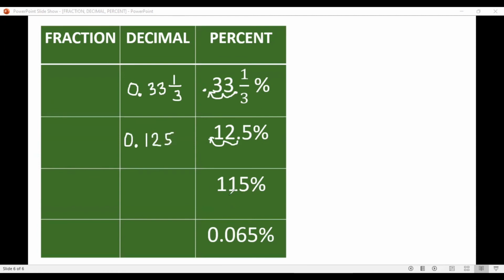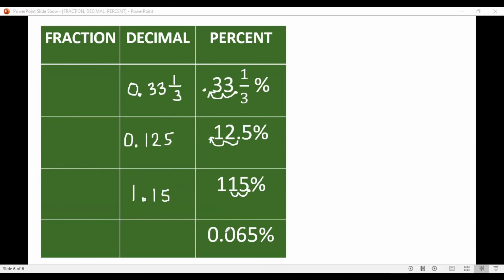Okay, and then you have 115%. So from the decimal point, as you notice, this is a whole number, 115. So the decimal point is understood to be at the end. So we have to move again 2 decimal places. So the answer that you will be getting there is 1.15.